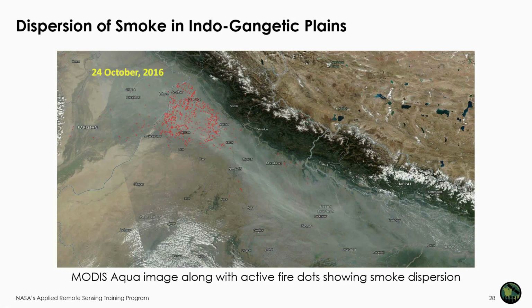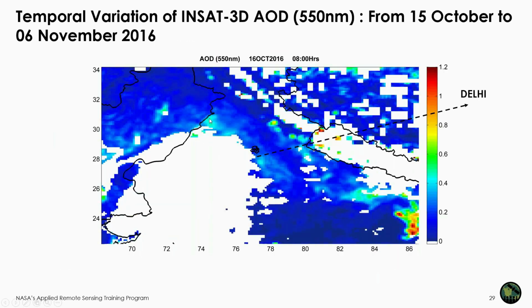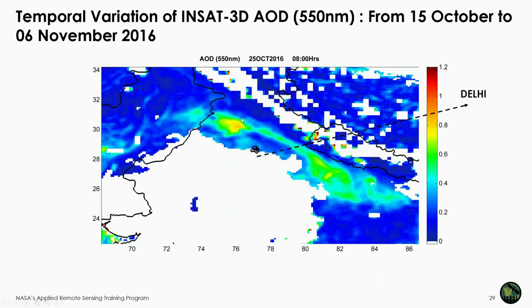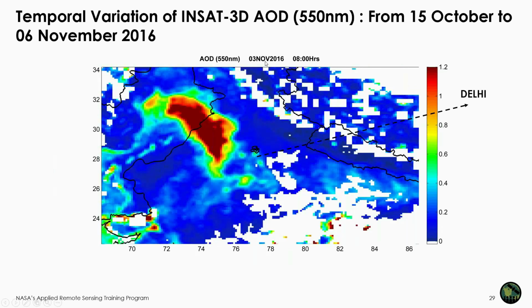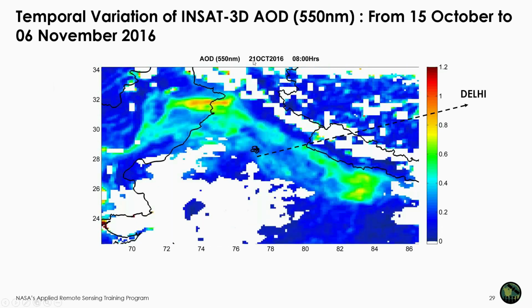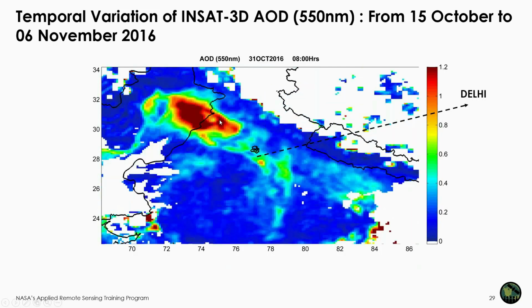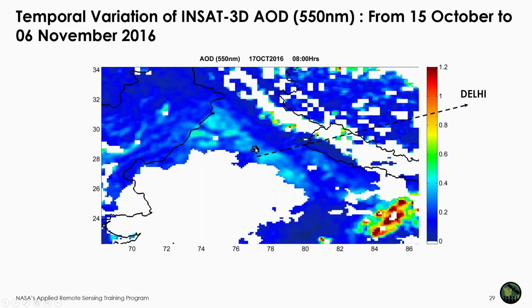So using satellite observations from polar data as well as from geostationary data, one can see the dispersal pattern of the smoke plume. This is our INSAT 3D AOD maps. As you can see, on different dates, 3rd November, 16 November, 21st October, 26th October, the dispersal pattern was changing. And this is the capital region of India.